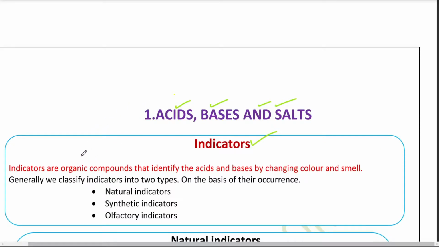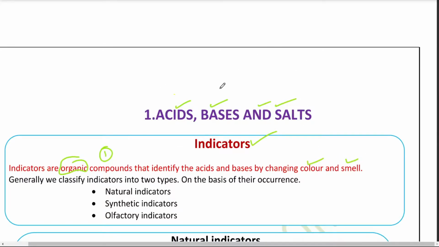Indicators are organic compounds that identify acids and bases by changing color and smell. So, the first thing you need to remember is that it is an organic compound used for identifying acids and bases. How? By changing their color and smell.